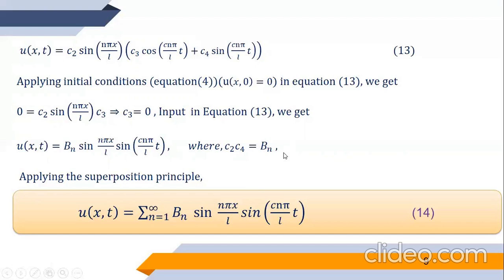So applying the superposition principle, we get u(x,t) = summation n is 1 to infinity bn sin(nπx/L) sin(cnπt/L), which is equation number 14.